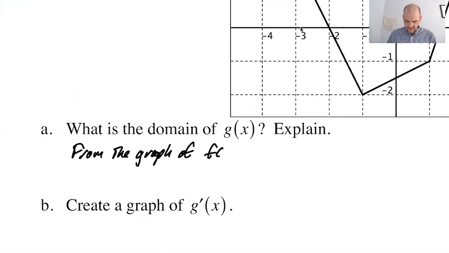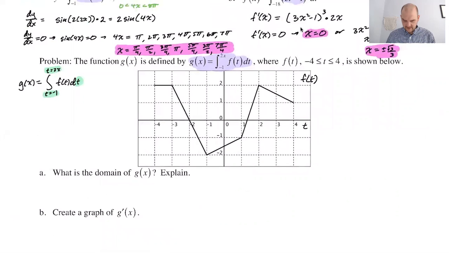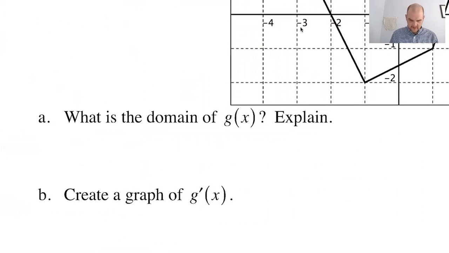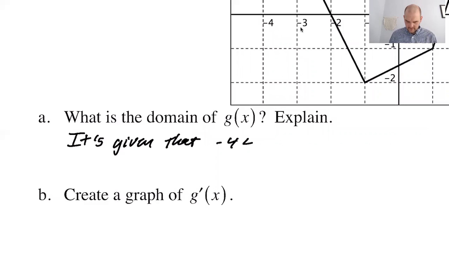So let me delete that and just say it's given that t is between -4 and 4. I should also use a marker instead of the lasso tool. It's given that -4 is less than or equal to t is less than or equal to 4.